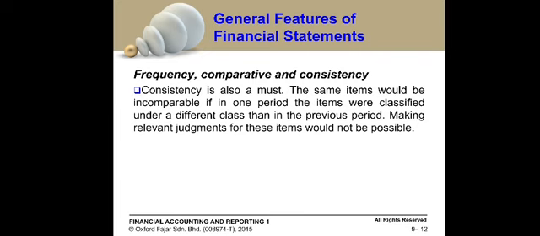Suddenly next year you change it to the reducing balance method. So when you compare the financial statements in the year 2020 and the year 2021, you cannot make a good comparison because you have used 2 different methods.